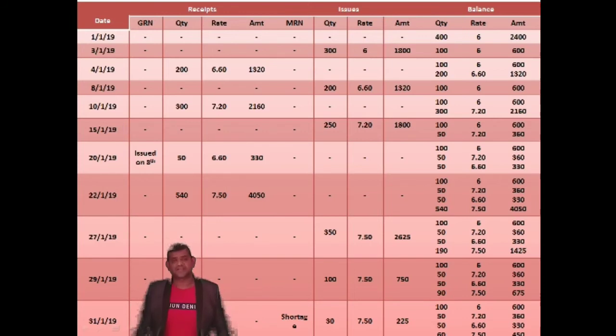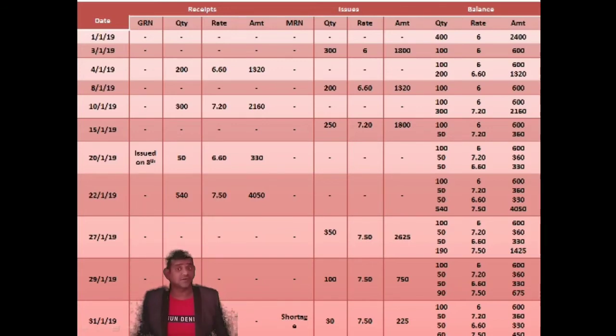So next on 22nd January 2019, there was a receipt, a purchase of 540 units. GRN nil, quantity 540 units, rate was 7.50. So 540 into 7.50, 4,050 rupees. Issues: MRN nil, quantity nil, rate nil, and amount also nil.